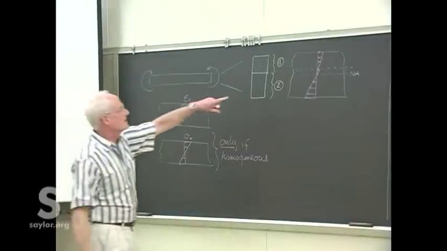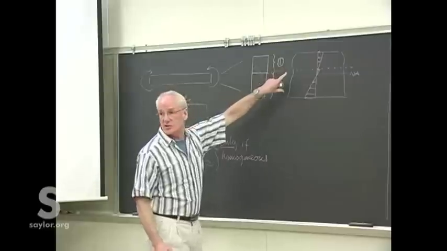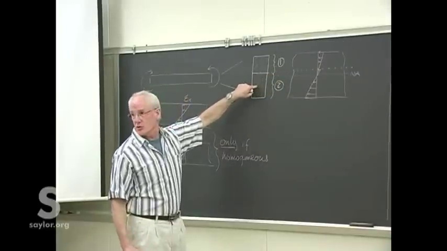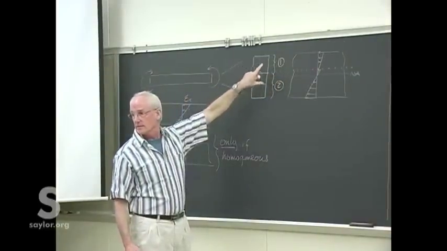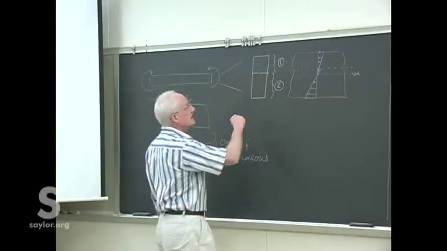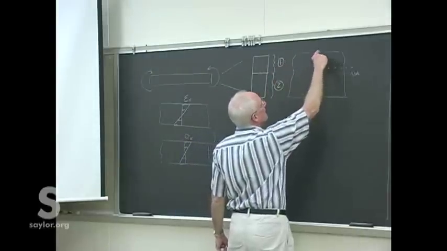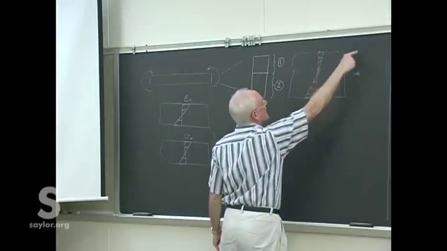This little sketch, by the way, is assuming that E2 is greater than E1. If E2 is less than E1, then the stress distribution at the top would be greater.